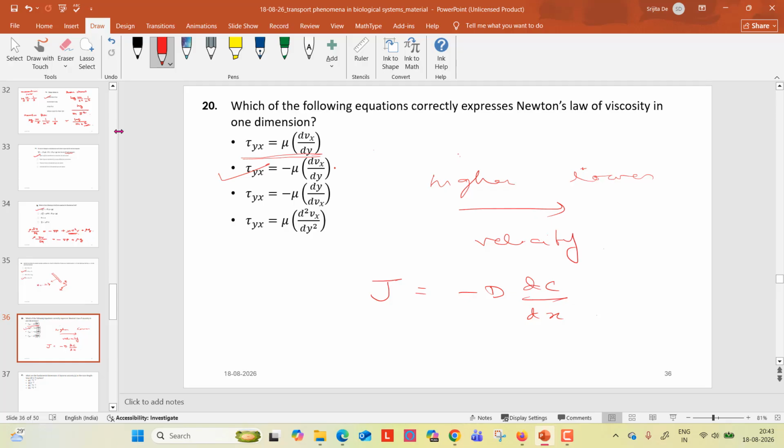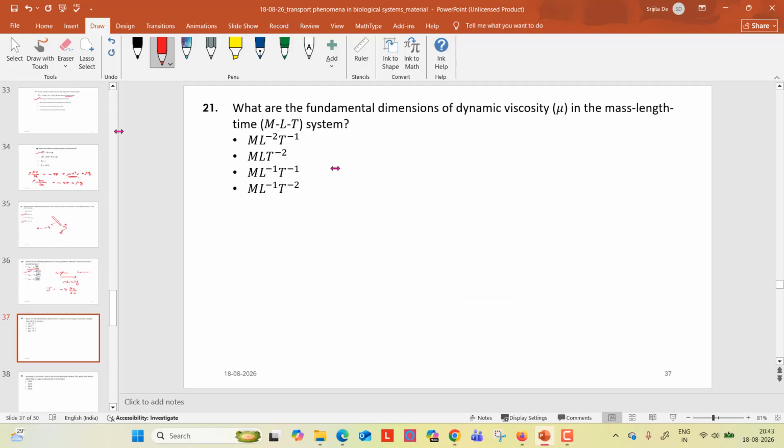Right? Next. What are the fundamental dimensions of dynamic viscosity in the mass length system? So now we can calculate from the Newton viscosity. So tau yx equals mu du dy, right?